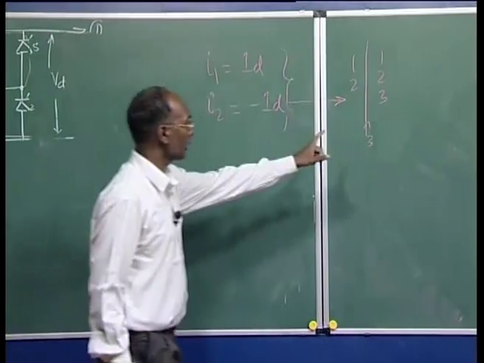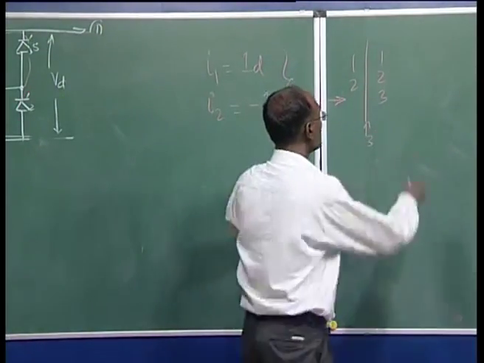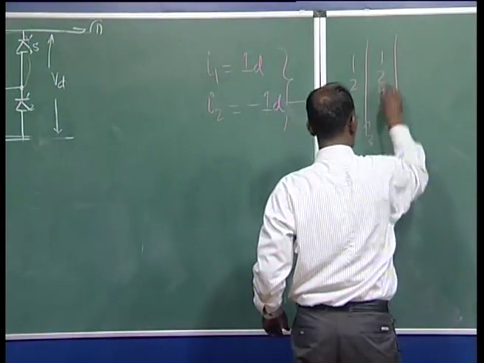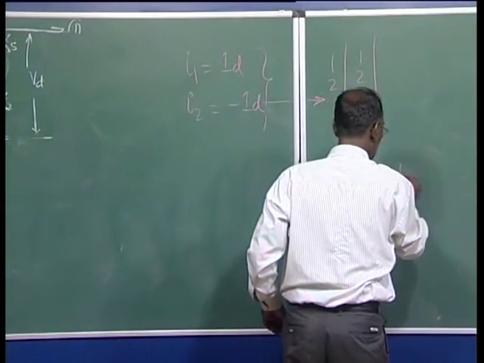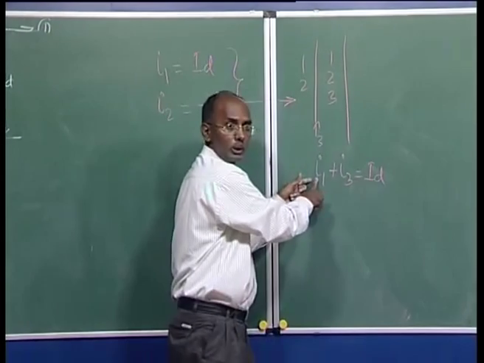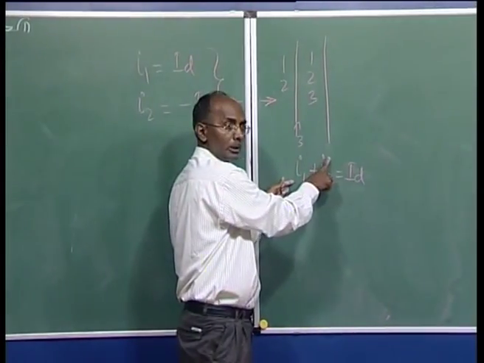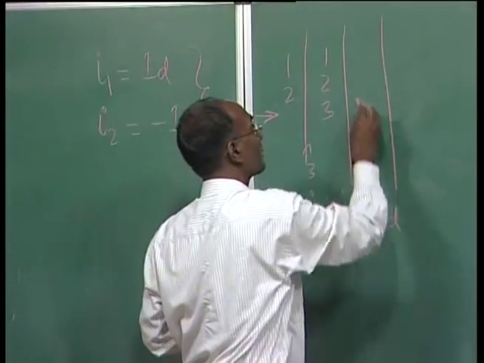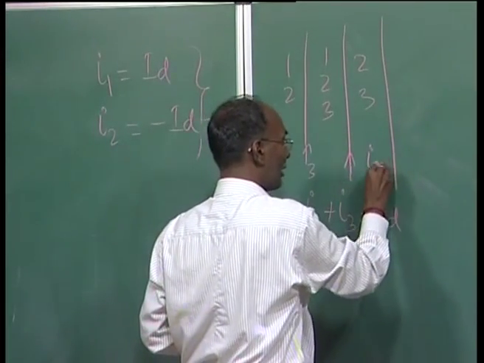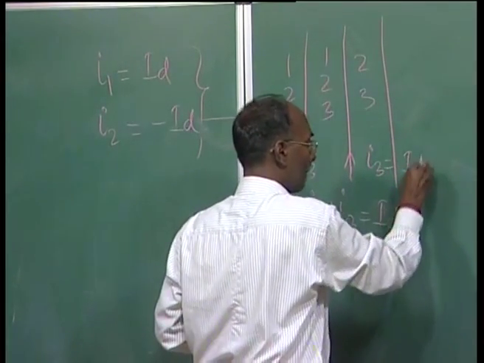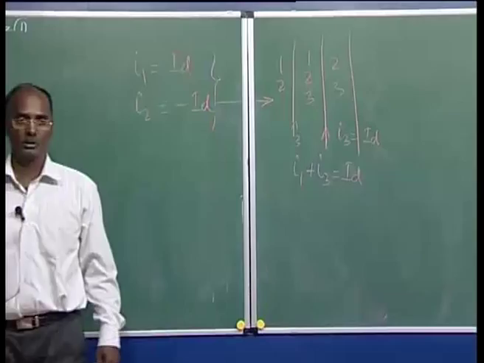Once 3 is fired, in this period the current I1 plus I3 is going to be ID, because this current is going to decrease and this current is going to increase. Finally, once we have 2, 3, this is over, and at this period I3 is ID only, because 1 is off.